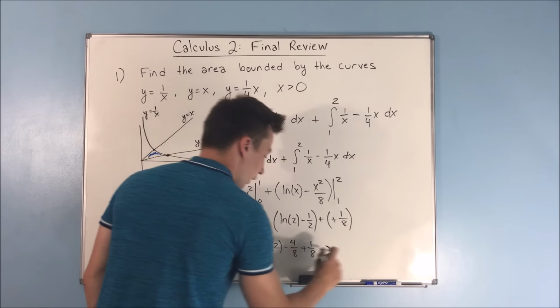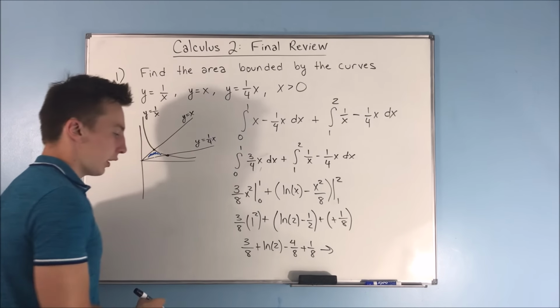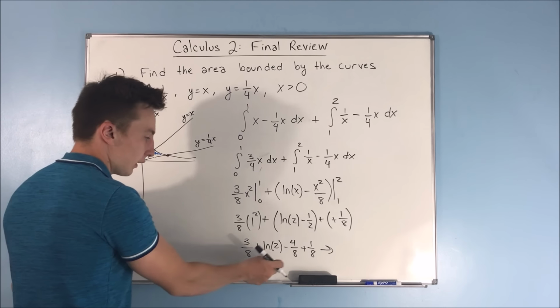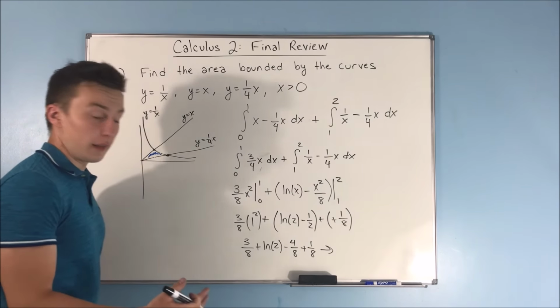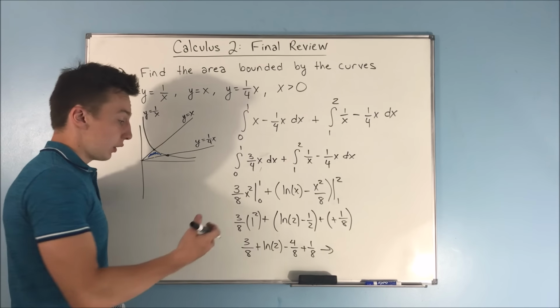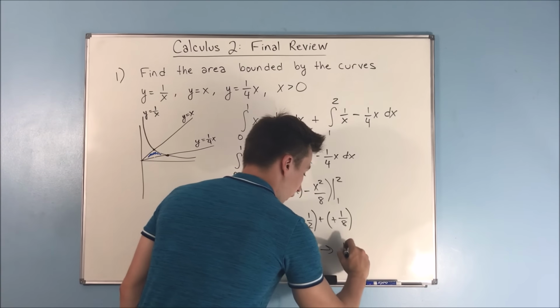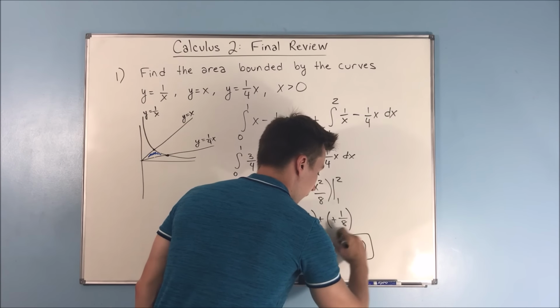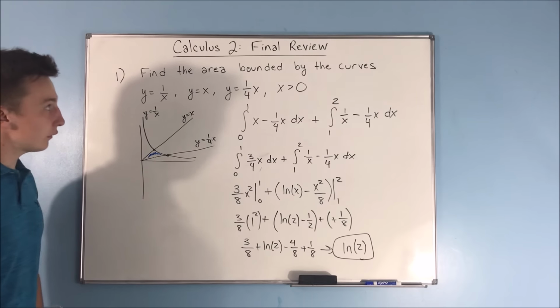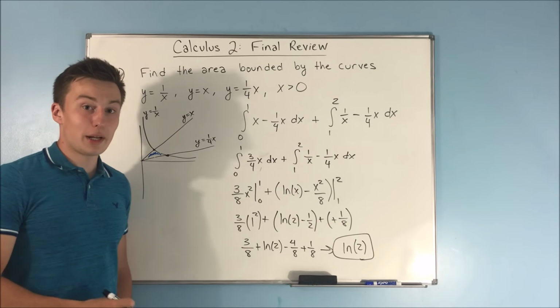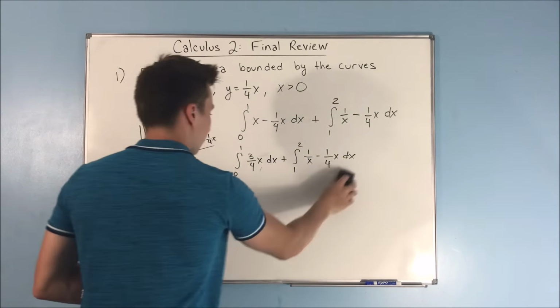Simplifying this down a little bit more, combining your like terms here, you have 3/8 plus 1/8, which is going to be 4/8, and then you have minus 4/8. So that's going to go away, and you're just left with natural log of 2. All right, so one problem down, 29 to go.